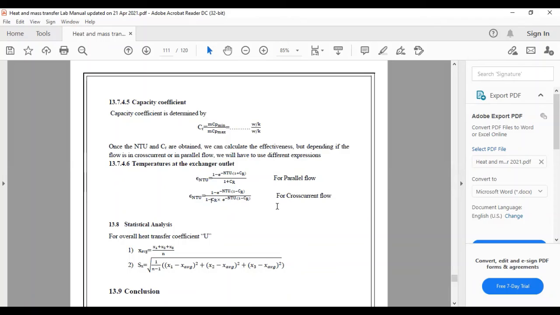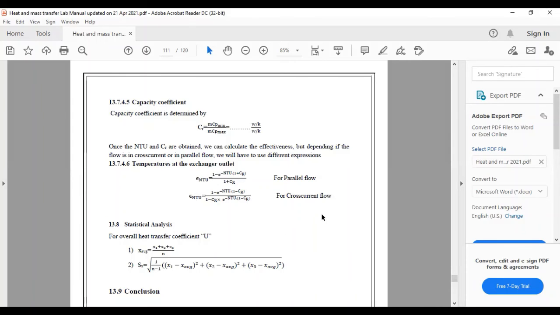And for anti-parallel flow, the formula is 1 minus e power minus NTU into 1 minus CR, over 1 minus CR into e power minus NTU into 1 minus CR. We have the value of CR and NTU, so we will compute the effectiveness by using the NTU method.